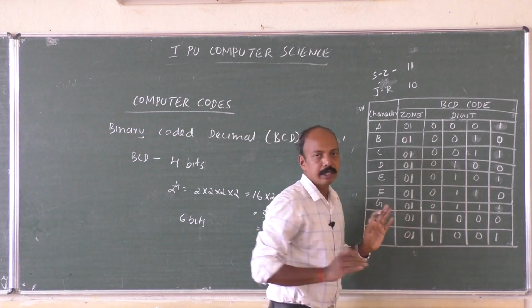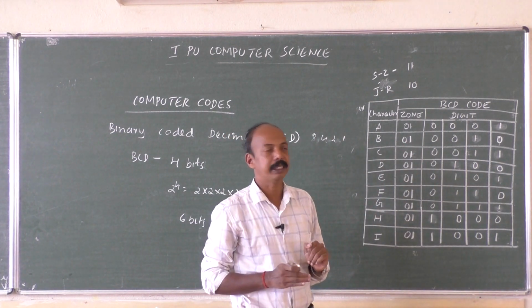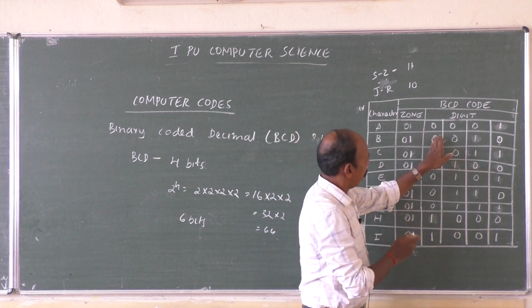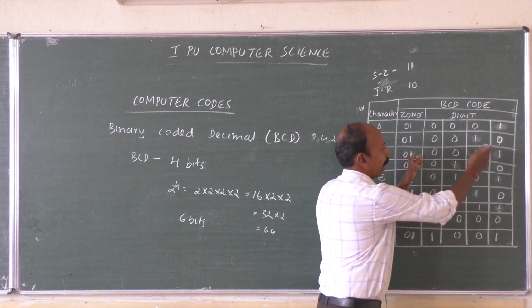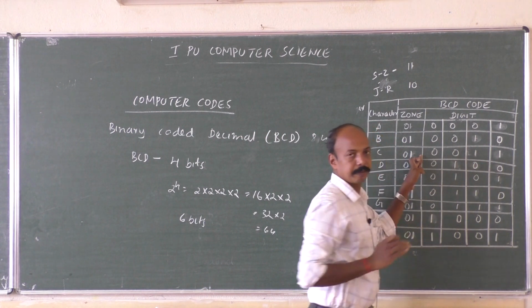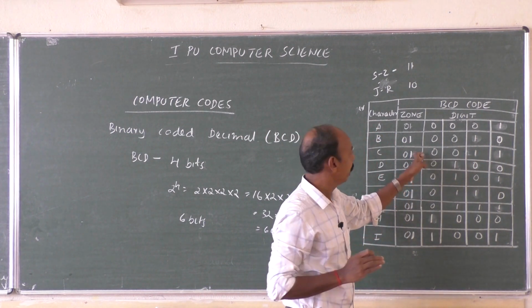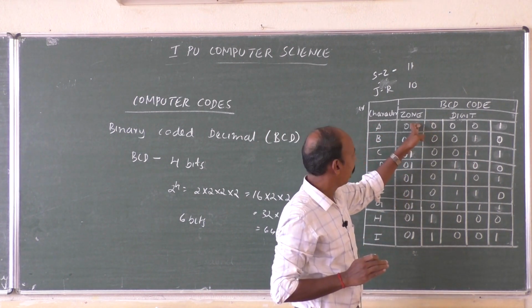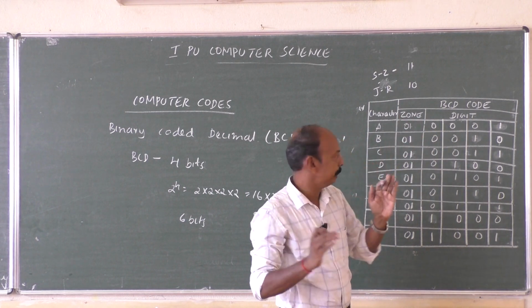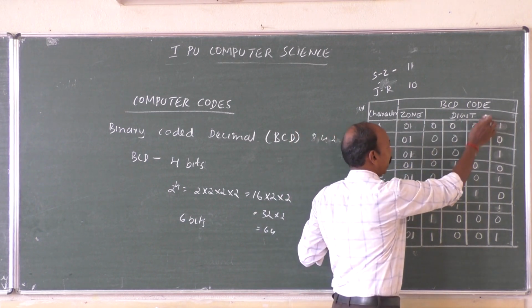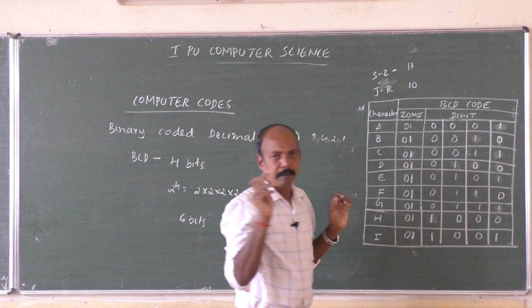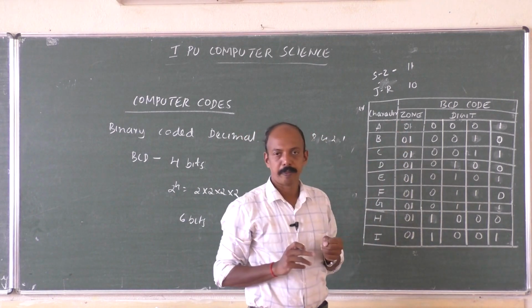See here how it is. When we have 6 bits, 4 bits are used to represent the digit, and the left 2 bits are taken as the zone.